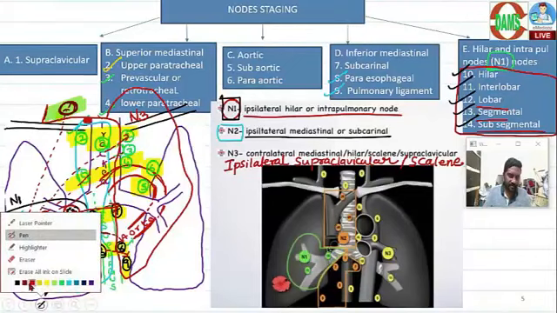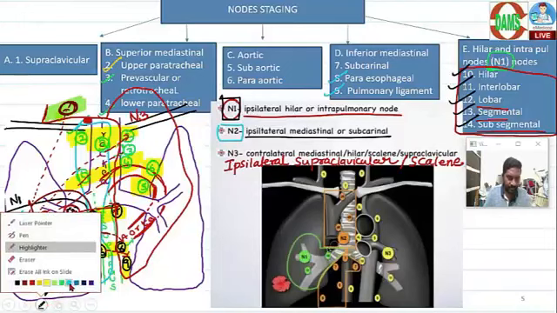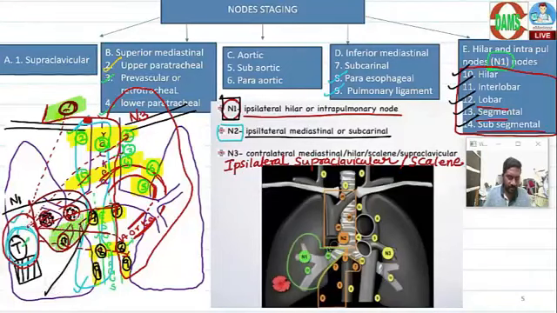So now we have seen, if it is within the pulmonary involvement, all this corresponds to N1.